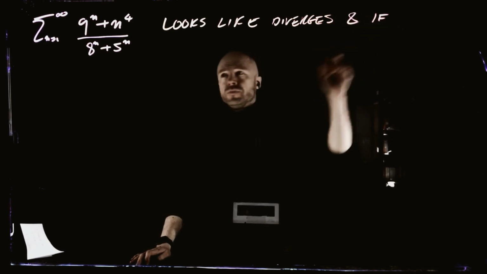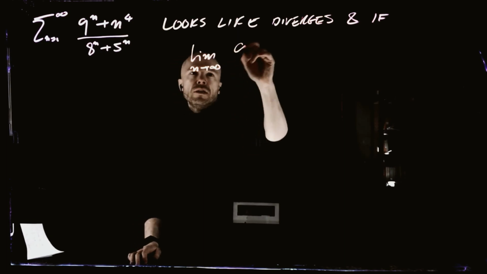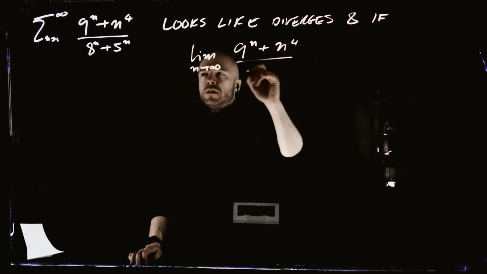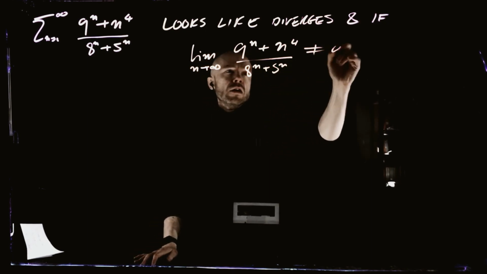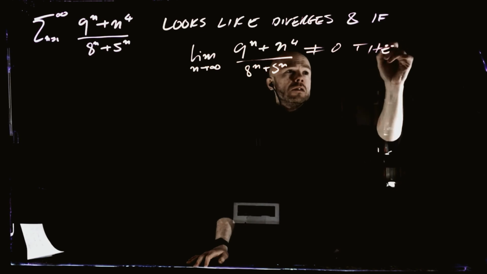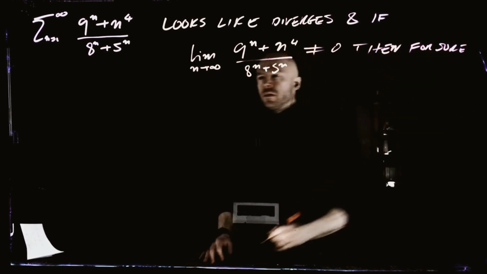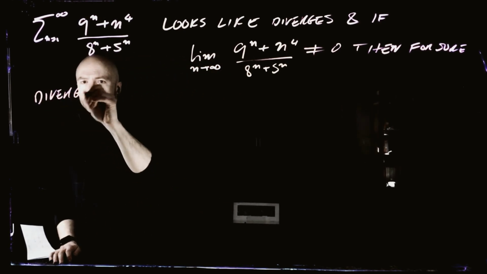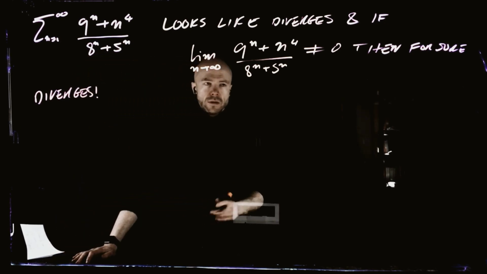If the limit as n goes to infinity of (9 to the n plus n to the 4) over (8 to the n plus 5 to the n) is not equal to 0, then it for sure diverges. Cool.